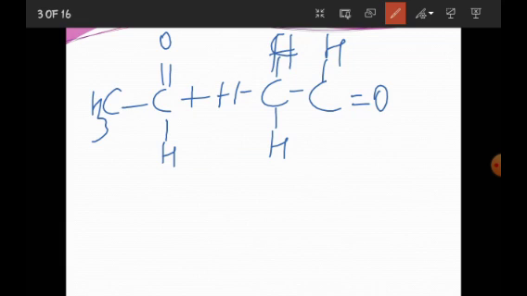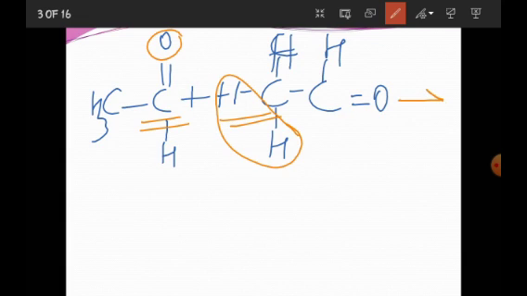I have written it in such a way that this carbonyl group is facing the alpha hydrogen. Now you need to remove 2 hydrogen and 1 oxygen, this oxygen and 2 hydrogen from here, and write the final product.